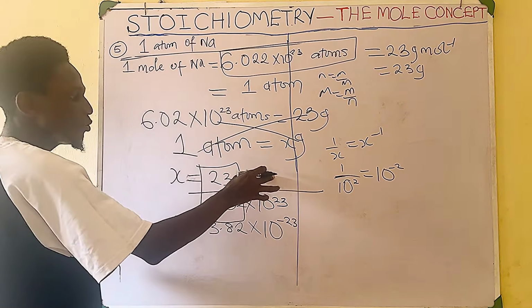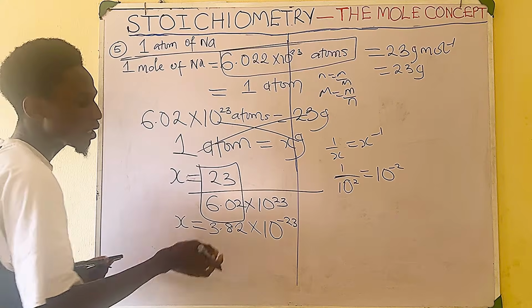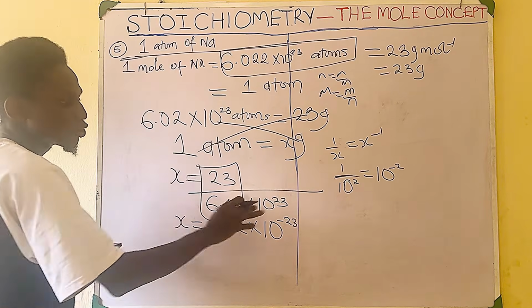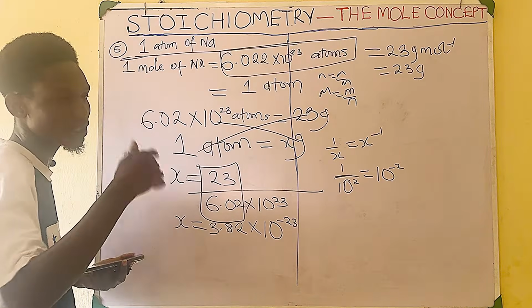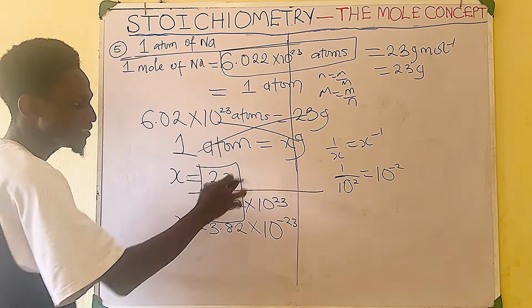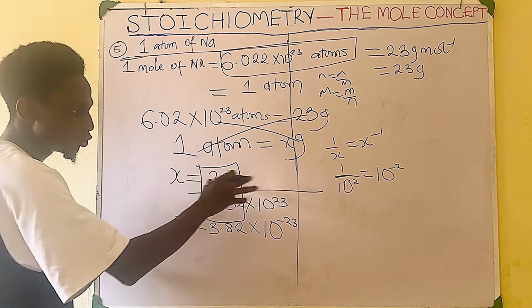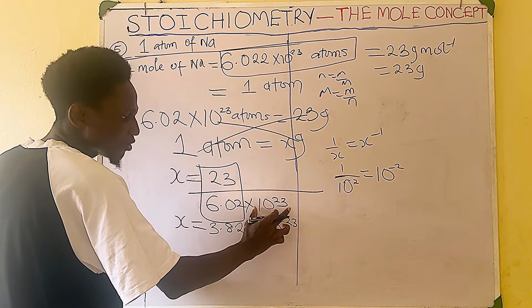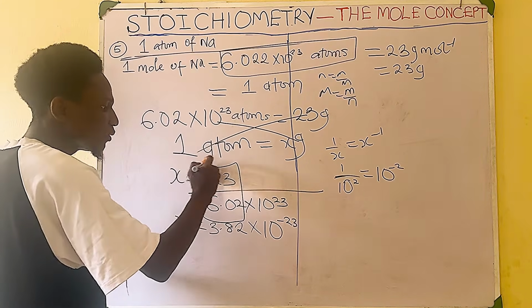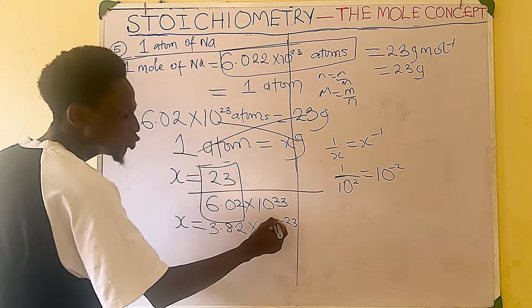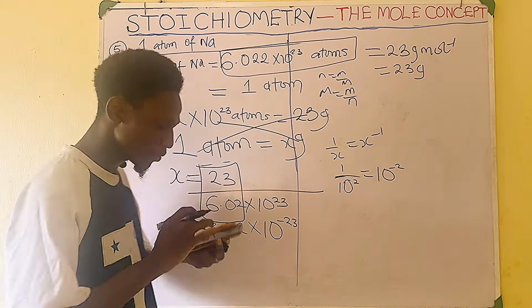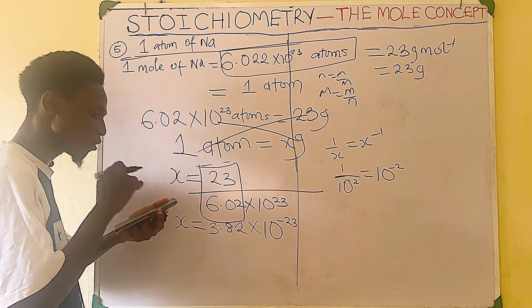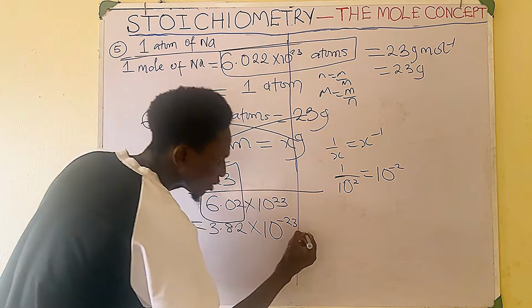Since there's no other power of 10 on top, I just bring 10 raised to power 23 up with a negative sign. This is your answer. The question was to calculate the mass of one atom of sodium, and this is the mass of one atom of sodium.